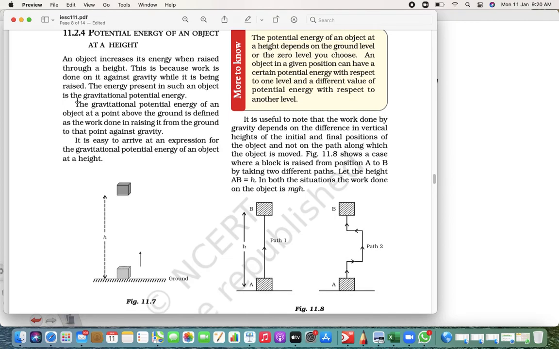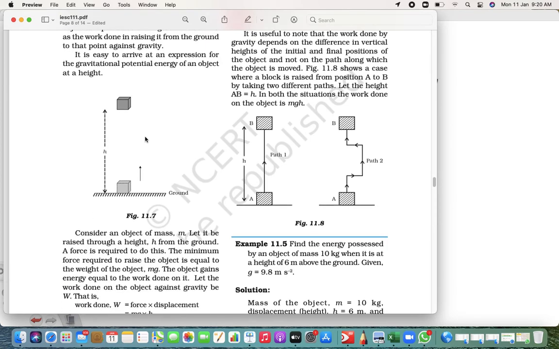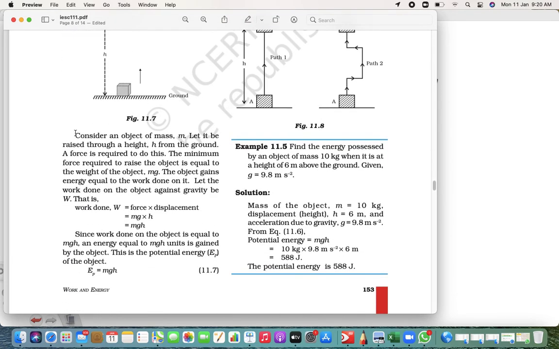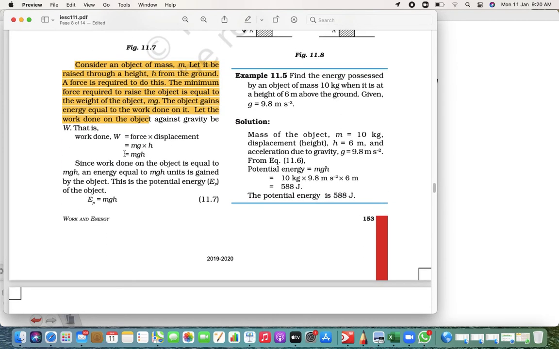The gravitational potential energy is defined as the work done in raising an object against gravity. Consider an object of mass m, which we are taking to height h. So W is equal to mgh, EP is equal to mgh. Whatever work is done is equal to mgh, and that is equal to its potential energy.